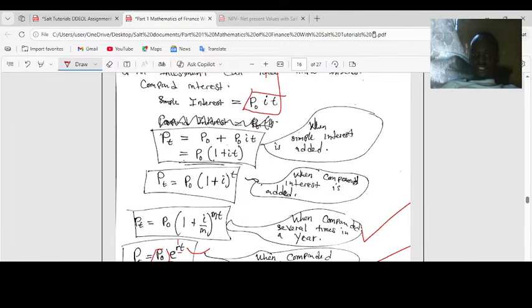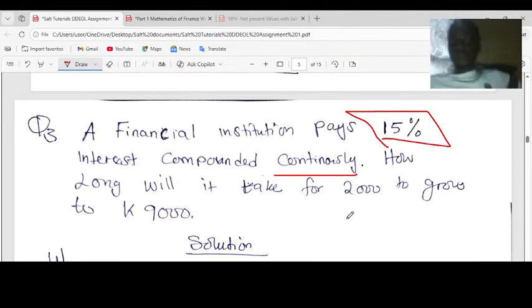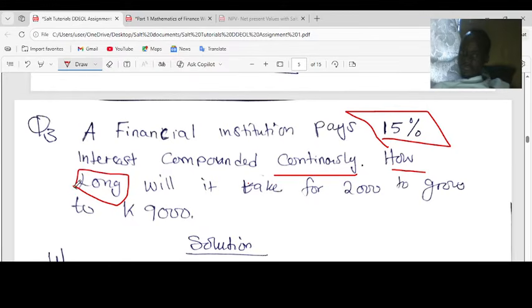Compounded continuously means the future value PT should be equal to PO multiplied by E to the power RT. And then the question is how long? How long means what? Time taken. How long will it take for 2,000 to grow to 9,000 kwacha?